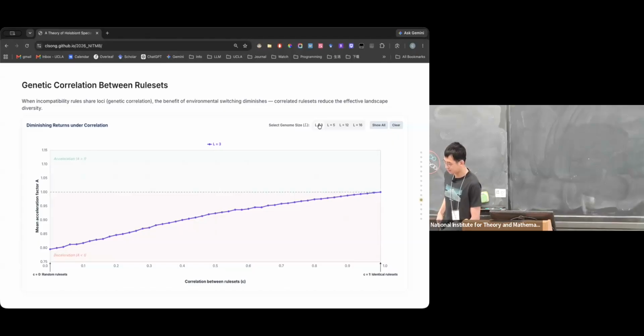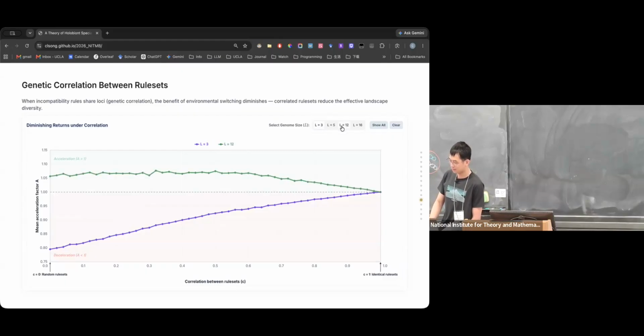For most of the cases, it's deceleration. Of course, when c equals 1, the ratio has to reach 1, since the two environments are basically identical, so there should be no change in the speciation time. As you can see, the initial deceleration effect with random correlation quickly reaches a null effect.